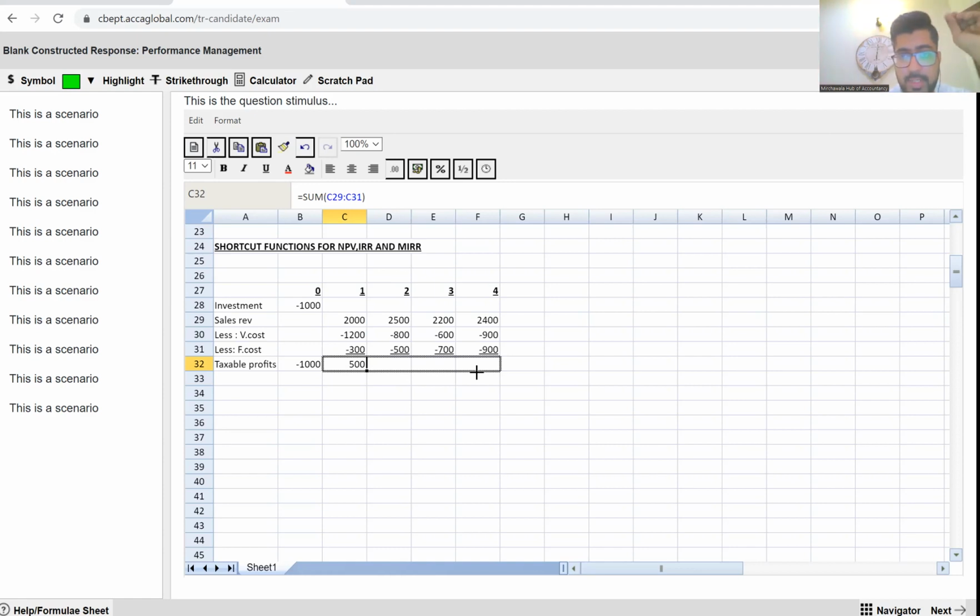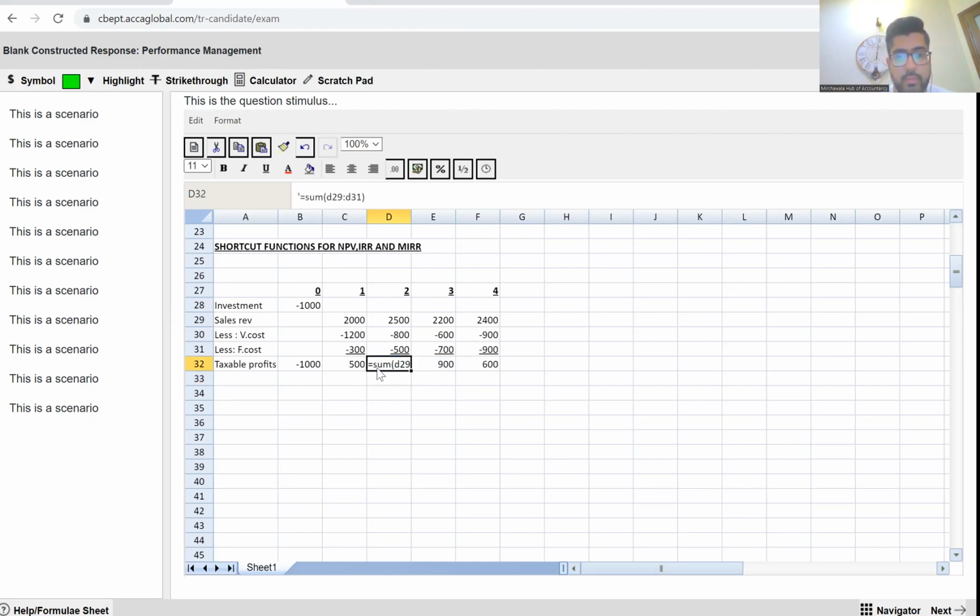When you do it here on the ACCA official examination platform, this happens: it continues. You don't need to work this out again, going into each cell and writing the sum of D29 to D31.